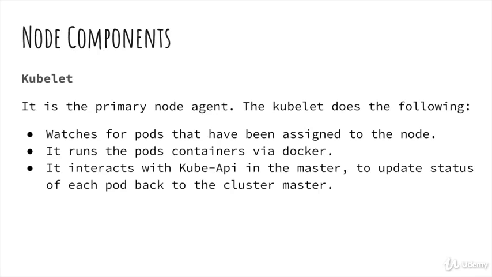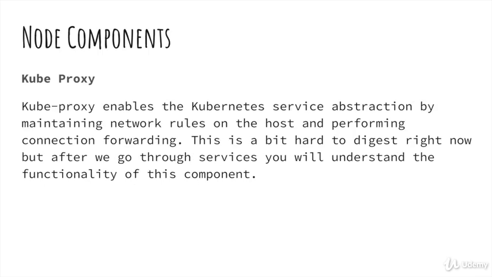It runs the pod's containers via Docker. It interacts with Kube API server in the master to update the status of each pod back to the cluster master. The kube proxy enables the Kubernetes service abstraction by maintaining network rules on the host and performing connection forwarding.